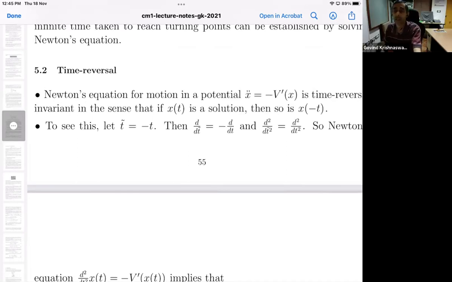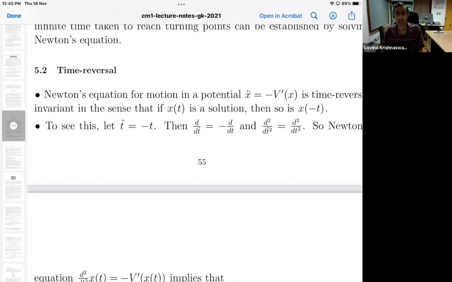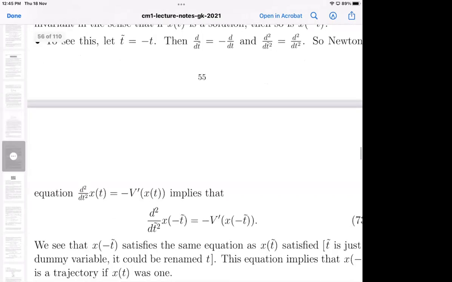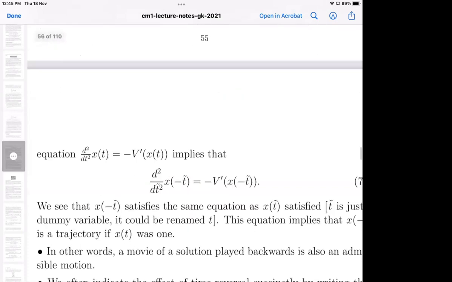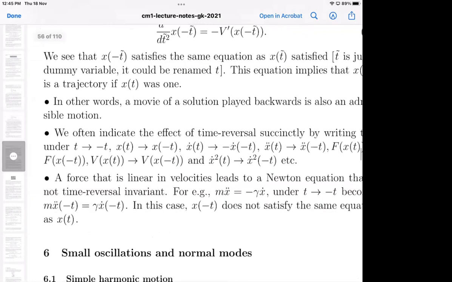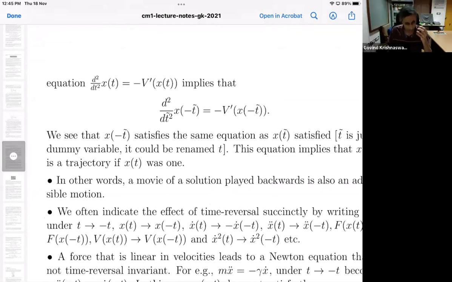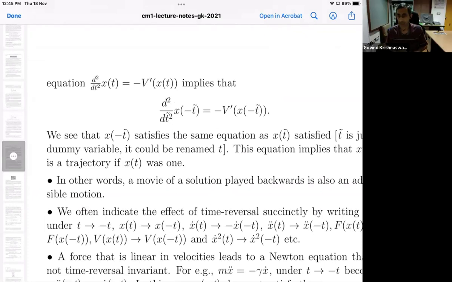Yes, Rajdeep, is it? If our force is conservative, then we can confidently claim that it will be invariant under time reversal, right? I was saying that if we knew beforehand that the force was conservative, that it was the derivative of a potential, then we could confidently claim that the equations are invariant.